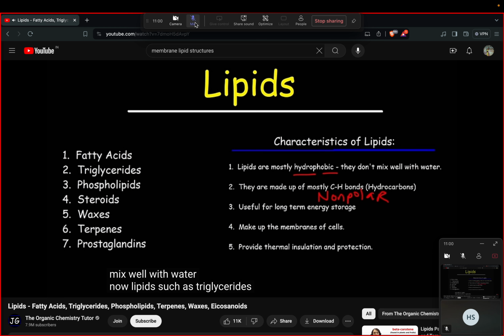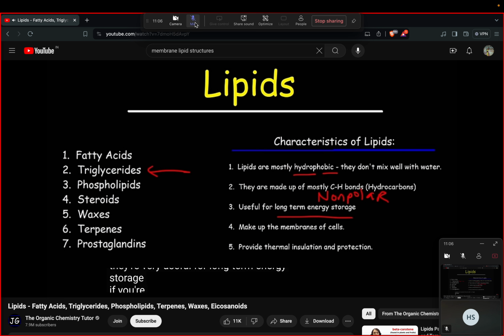Now, lipids such as triglycerides, they're very useful for long-term energy storage. If you're fasting, if you're not eating for more than a day or so, after your body burns out all the carbs, the next thing that it looks for are the triglycerides in your system, the lipids.